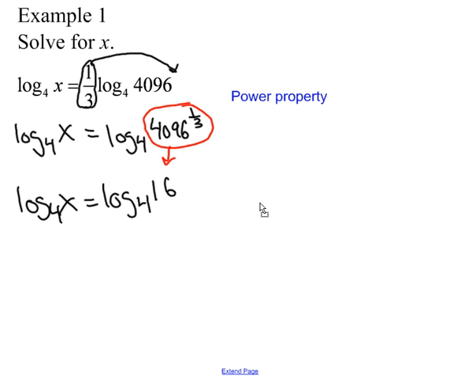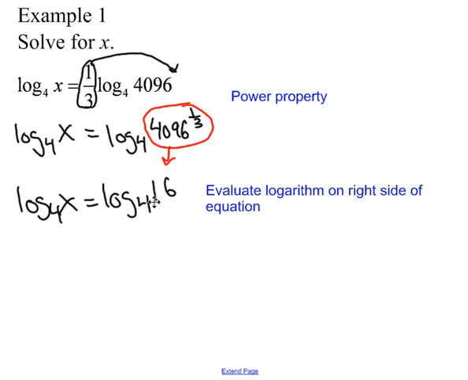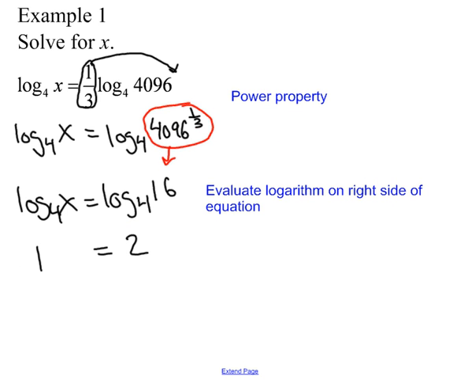Okay, now I can evaluate the logarithm on the right side of the equation. So I'm going to use a change of base formula for that. So that's going to be log 16 over log 4. That's going to be 2. So I get log base 4 x equals 2.